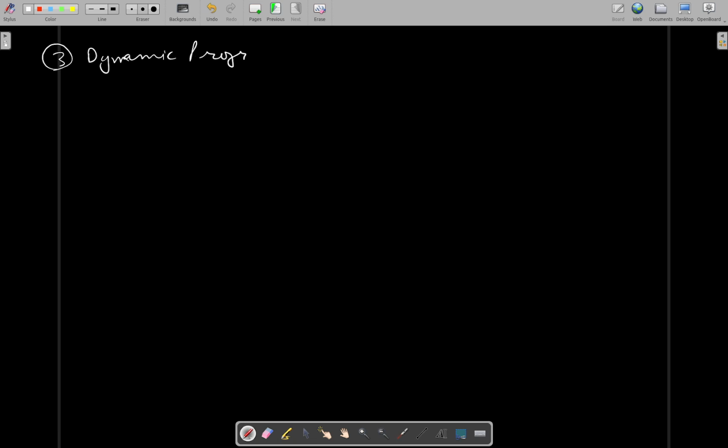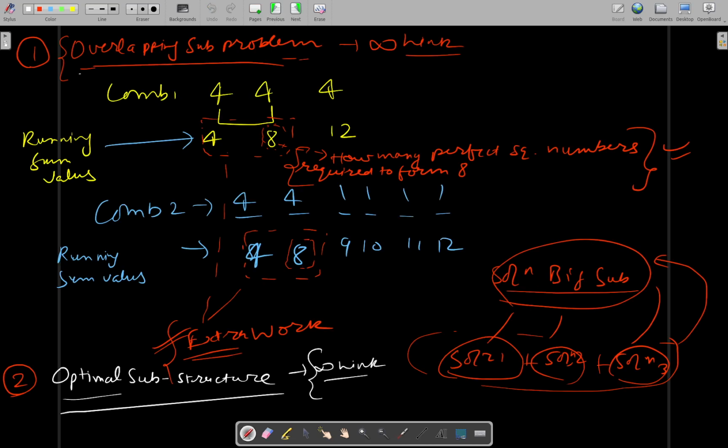What we do in dynamic programming is, it is not just brute force. Whenever you see a subproblem, you will store its result, and whenever this subproblem occurs again in some other combination or somewhere else while you are recursing, you will use that stored result to avoid extra work.